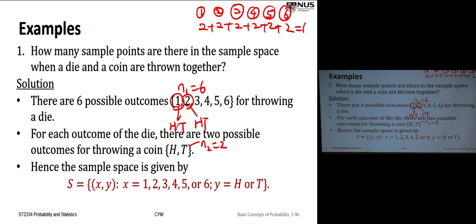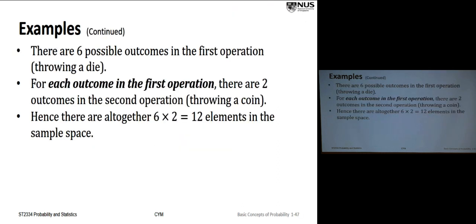That's how we got 6 times 2, or n1 times n2. So altogether, there are 12 possible outcomes. Therefore, the sample space of this experiment of throwing 1 die and 1 coin has 12 sample points.